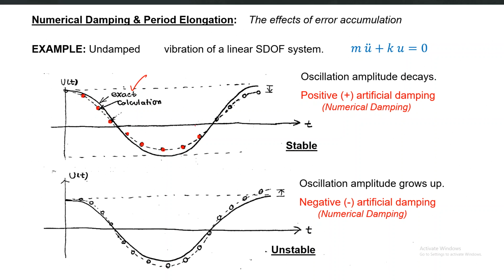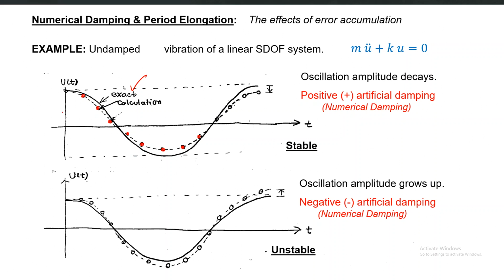There can be two scenarios. One is that your solution method is underestimating the actual response, which means that the oscillation amplitude predicted by the solution method is lower than what it actually is, which is the first case.